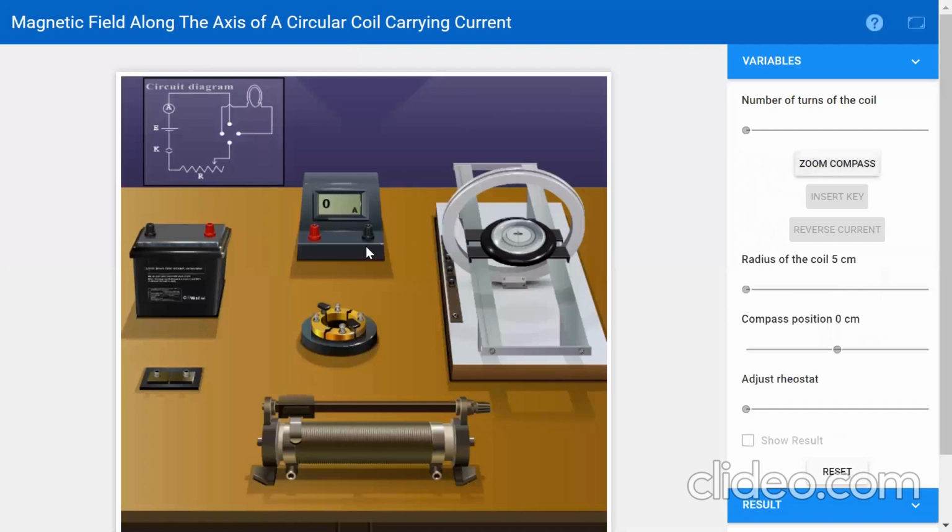Now make the connections according to this circuit diagram. The ammeter is connected to the battery, and the battery to the key, and one end of the key to the rheostat, and the rheostat to the commutator, and two terminals of the commutator are connected to the circular loop.